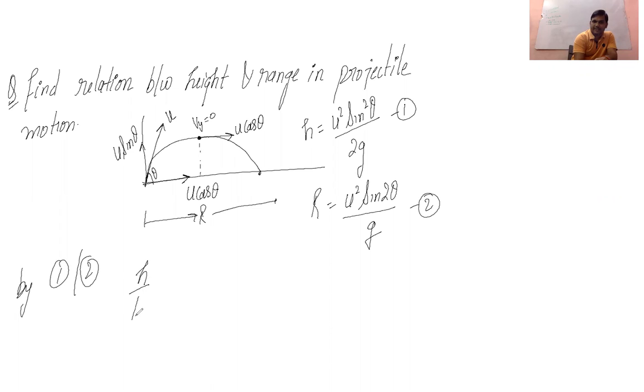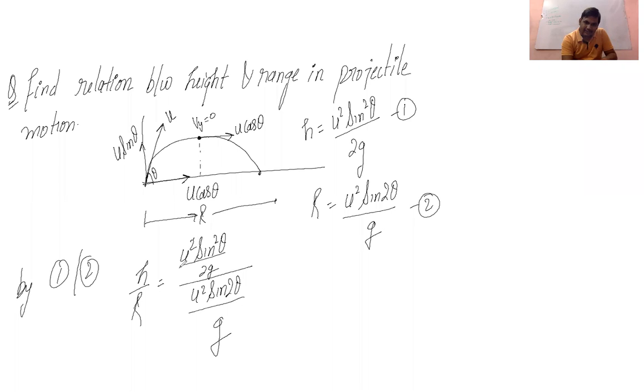So this will be your h by r, and it is your u square sine square theta upon 2g divided by u square sine 2 theta upon g.